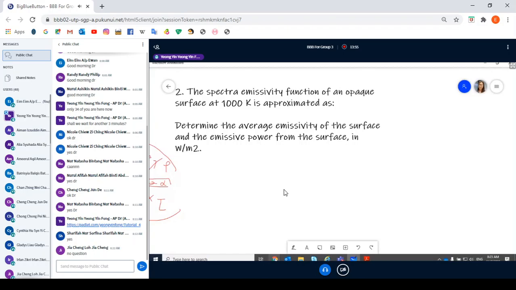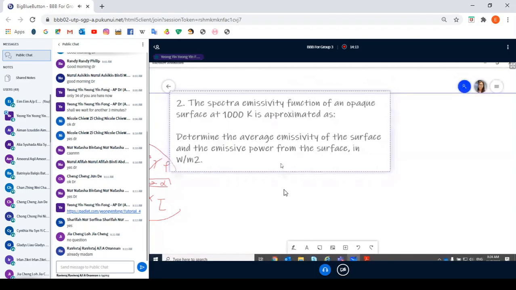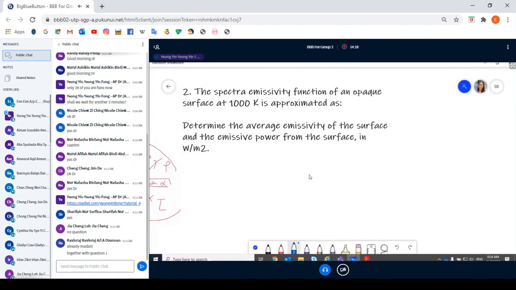So you just draw the information given. You can refer back to the question. You have the emissivity value, and here is the lambda. There are three ranges over here. You have lambda 1 equals 2 and lambda 2 equals 6.